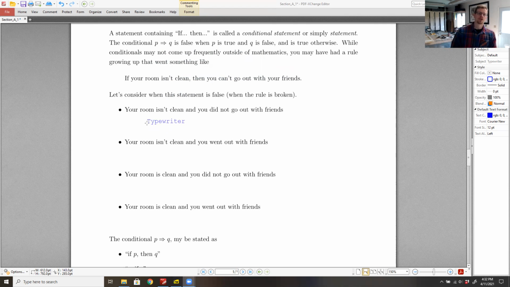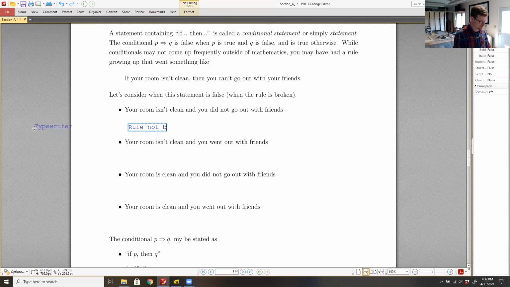So your room isn't clean, shame on you. Your room isn't clean and you did not go out with your friends. Now, not everybody's room is clean all the time. It's okay, you don't have to have a clean room at this instant. But I would encourage you to clean it when you get free time. So your room isn't clean and you did not go out with your friends. Did you break the rule? No. Rule not broken.